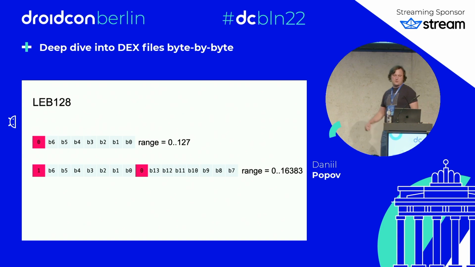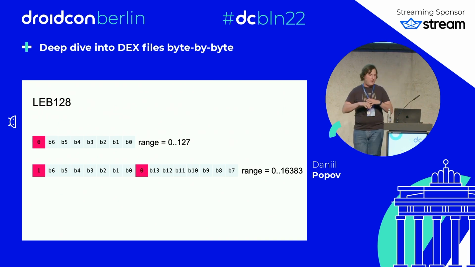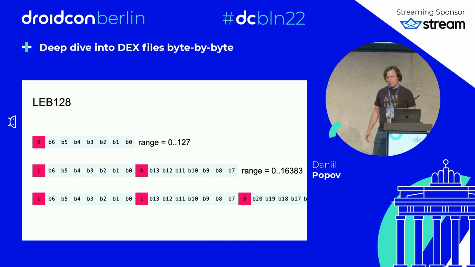In this case, the most significant bit set to 1 means that this is not the last byte in the sequence. You need to read further until you meet the 0 in the most significant bit. So you can encode any amount of bytes in this way. It's similar to how UTF-8 works, but actually Dalvik only uses sequences up to 4 bytes.